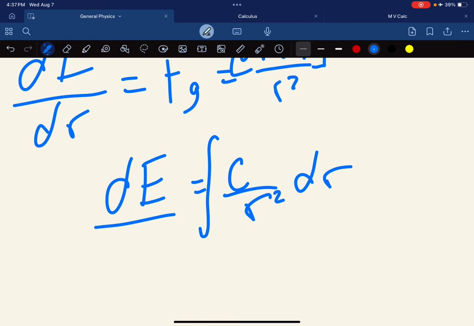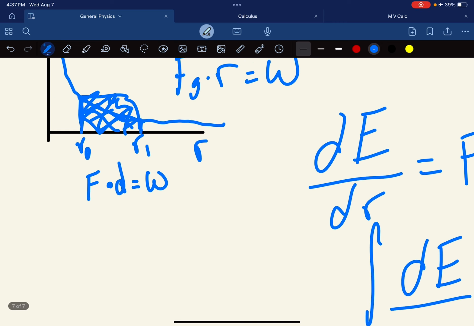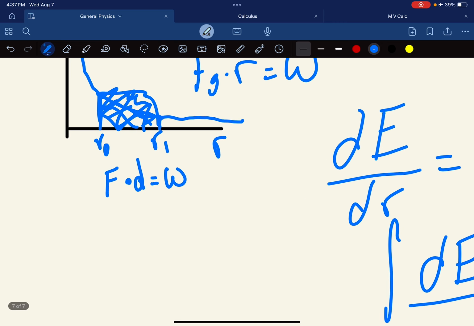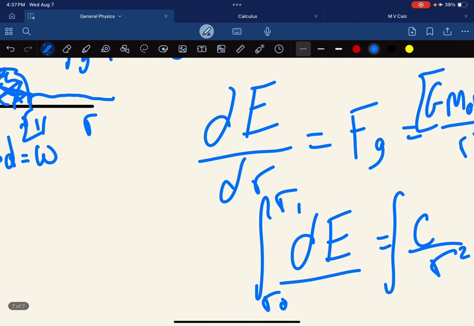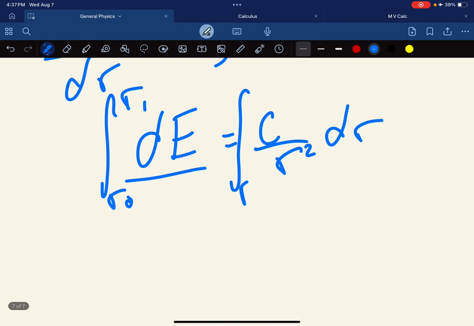Then we are going to integrate both of these from r naught to r1.